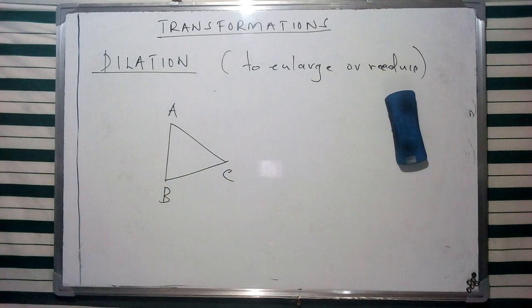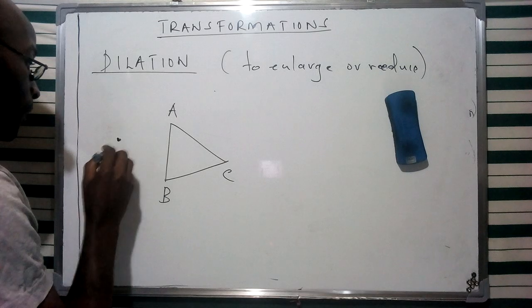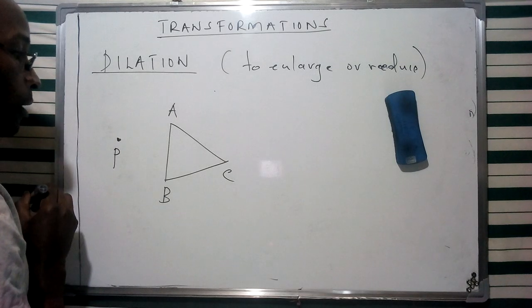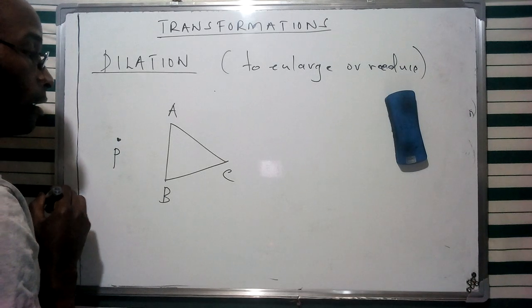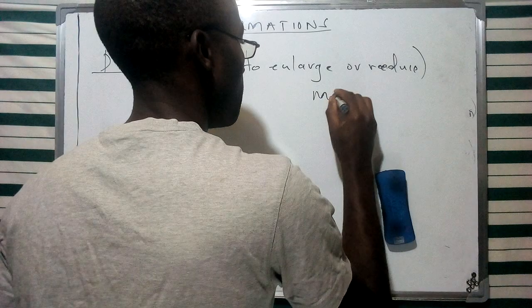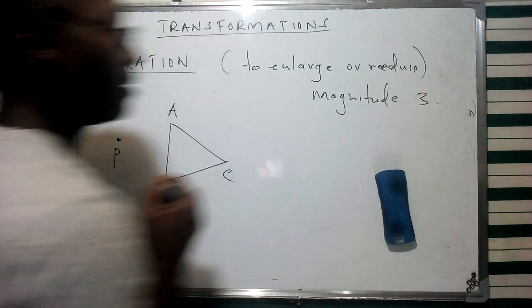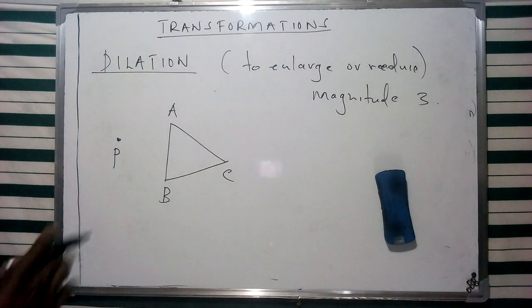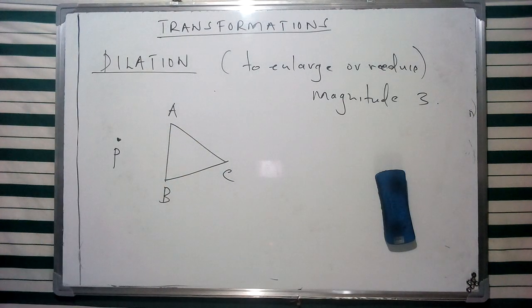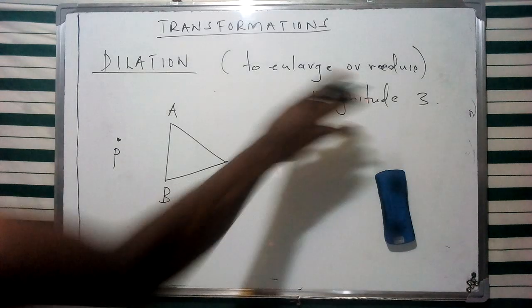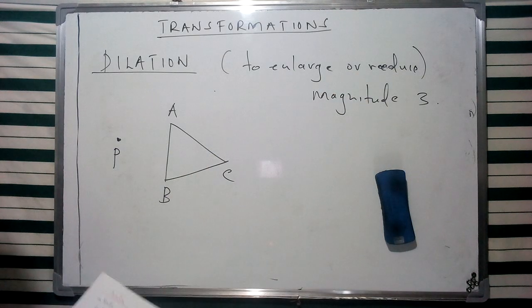If I'm told to perform a dilation of magnitude 3 centered at a particular point, let's refer to that point as P. So this is a point P, and I'm requested to perform a dilation of magnitude 3. This means the image that I'm going to obtain from this process of dilation is going to be an image that is 3 times larger than the object.